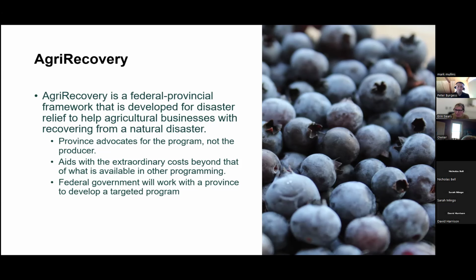It aids with extraordinary costs beyond what is available through other programming. The federal government works with the provincial government, and then we put a targeted program out. I know there was a maple initiative with Fiona, and we were able to have a specific provincial program for that.